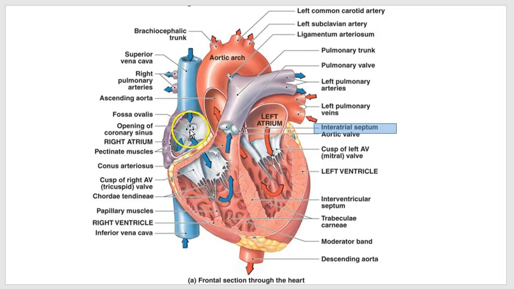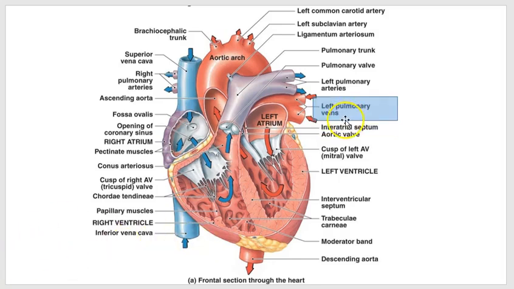Instead, this fossa ovalis can allow blood to go from the right atria to the left atria and then out to the rest of the body. And so it's kind of like putting in a shortcut in your body when you're not breathing your own oxygen. Sometimes that doesn't fully close in newborns, and you'll have to go in and repair that.